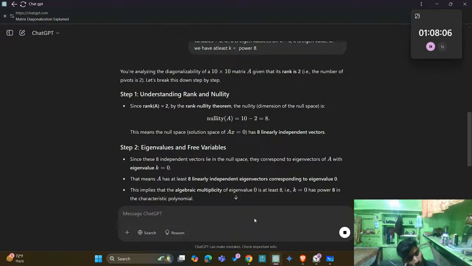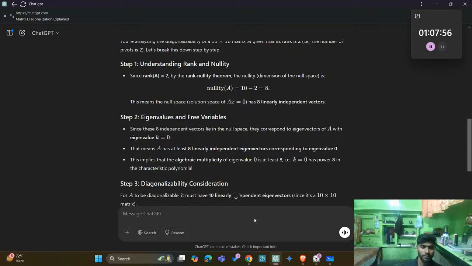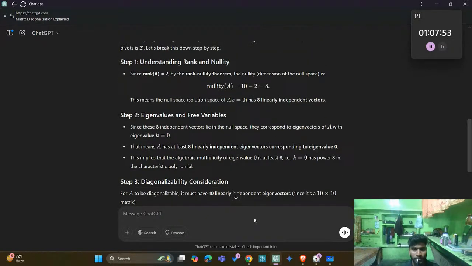Since the null space vectors lie in the null space, they correspond to eigenvectors of A. Let the eigenvalue k equal 0. This means the eigenvalue 0 has multiplicity 8, so the algebraic multiplicity is at least 8.